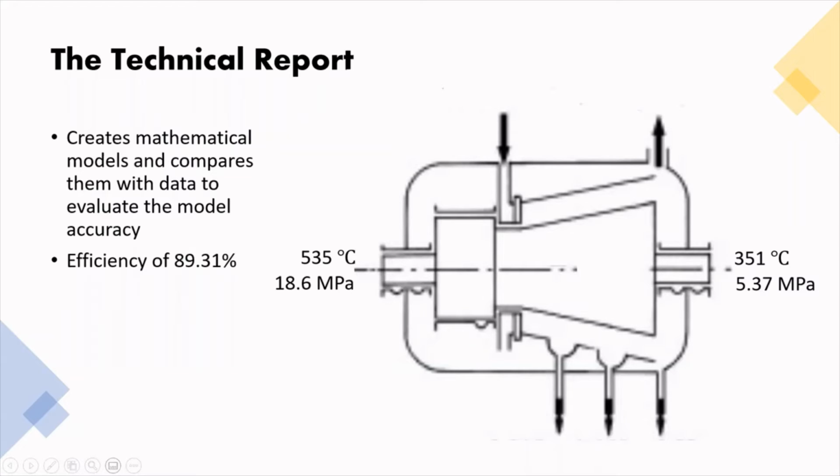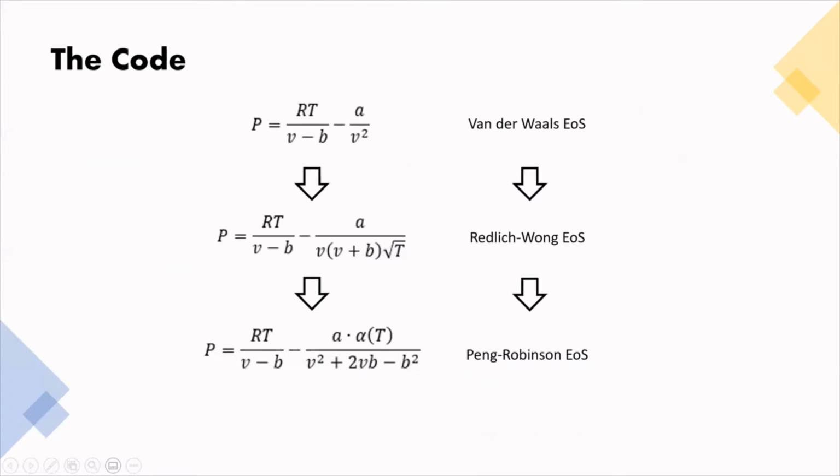In the turbine being evaluated, the superheated steam enters the turbine at 535 degrees Celsius and 18.6 megapascals. Then, the cold steam exits at 351 degrees Celsius and 5.37 megapascals. The report states that the efficiency of a well-designed high-pressure turbine is about 85 to 90%, and the experimental and simulation results show that this turbine has an efficiency of 89.31%.